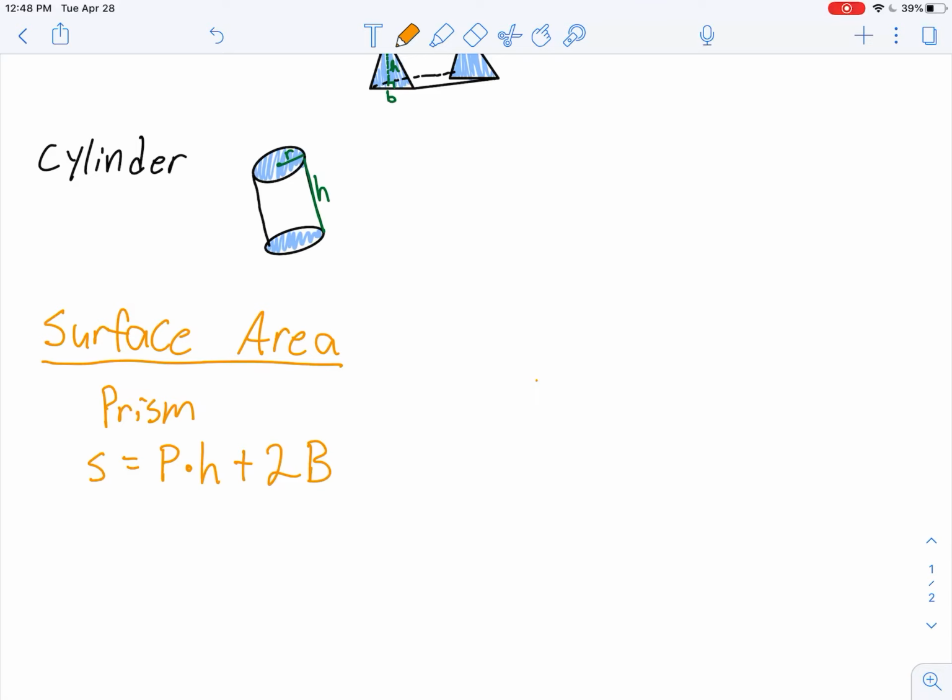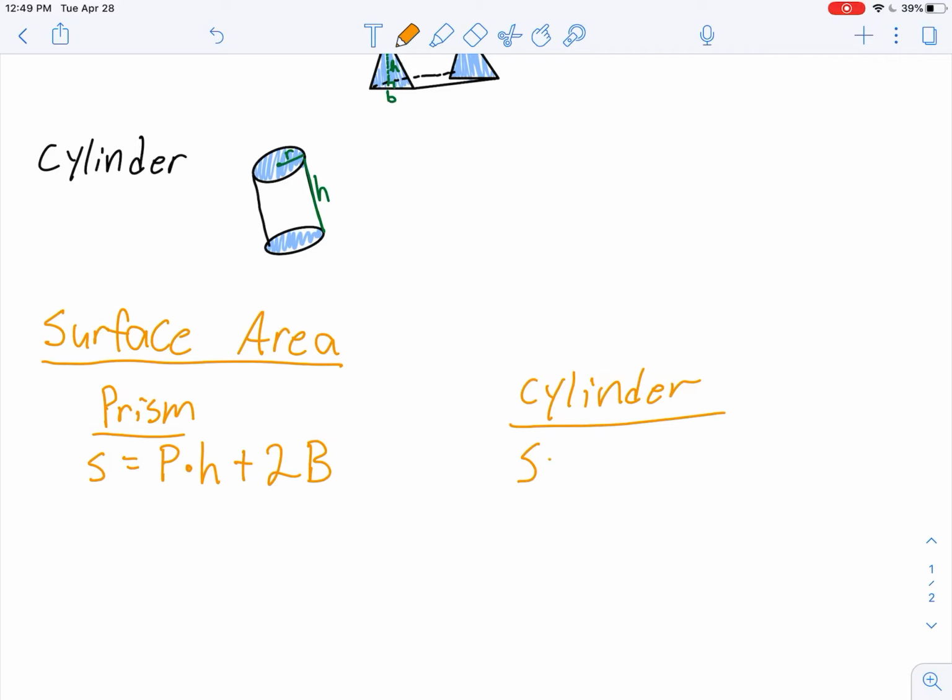And our cylinder, that one's pretty close to the same thing, except that it's a little different since we're dealing with a circle. Because we're dealing with a circle, we're going to use the Greek symbol pi.